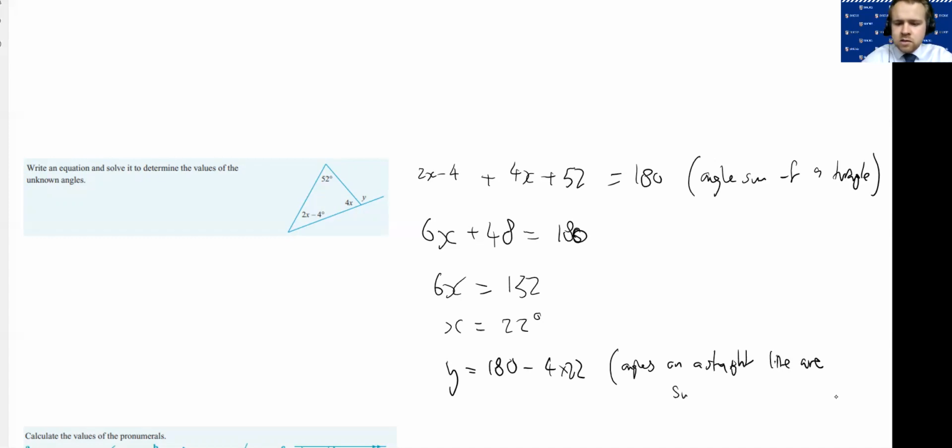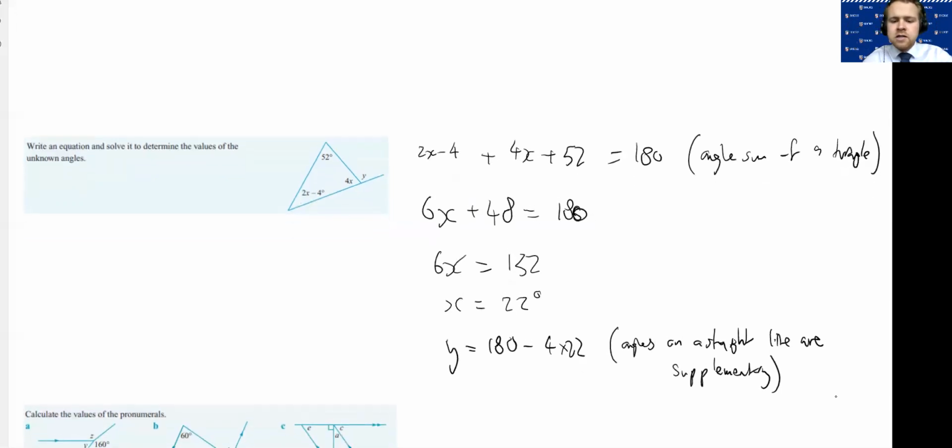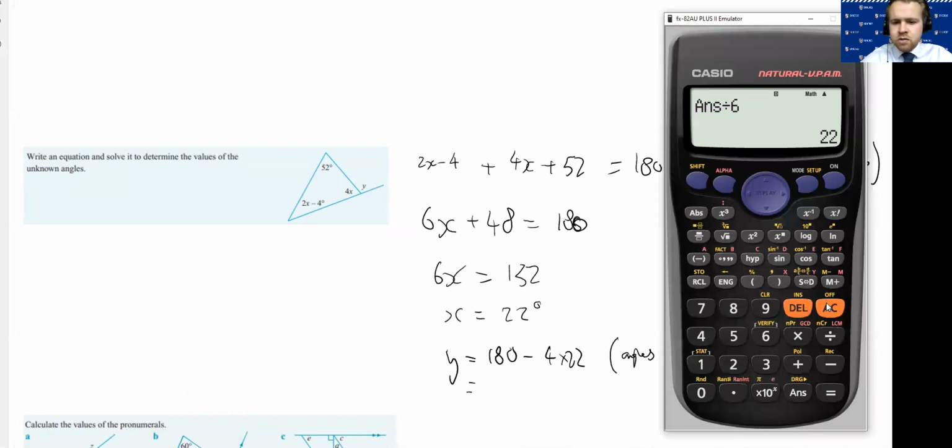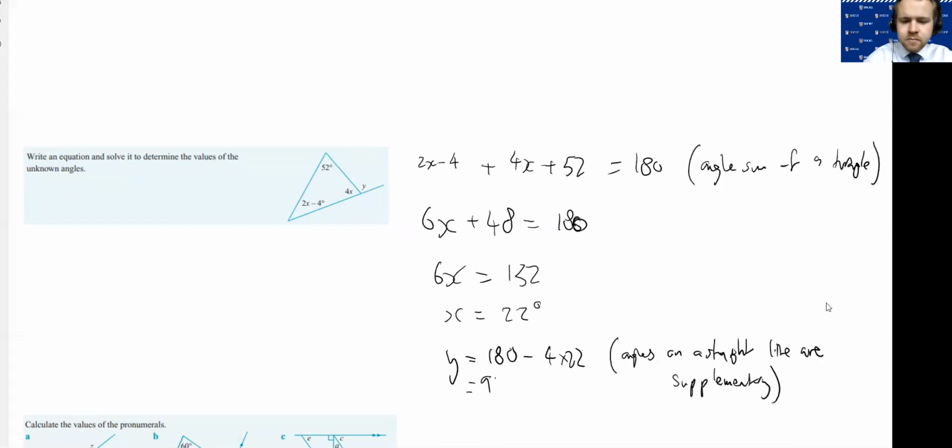Because that was a geometry step, I had to write a reason in brackets, but then I can solve this without it. So I can just pop it in my calculator, and it's going to be 92, I believe. Let's see how good my mental maths is. 180 minus 4 times 22. There we go. So for these ones, you had to do your geometry reason, and then work through your equations to find your answer.